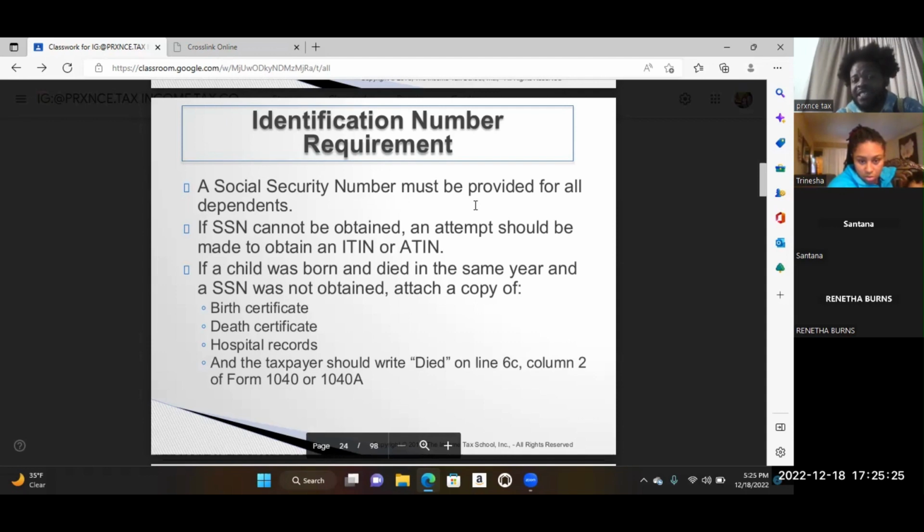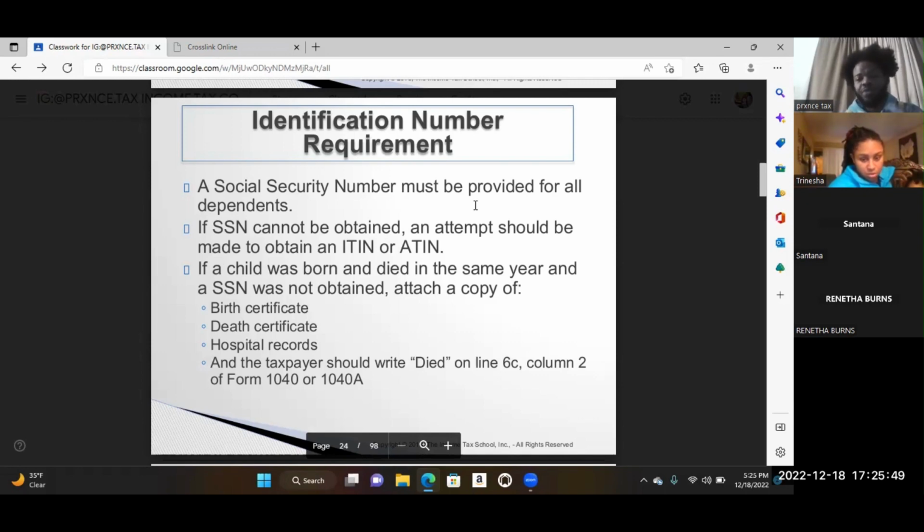All right, so the ITIN number is for individuals who are, the best way to put it is, not that they're aliens or immigrants, these are individuals who have to apply for a social security number due to the fact that they weren't given one when they were born here in America.